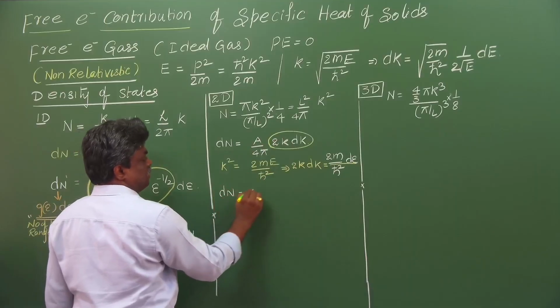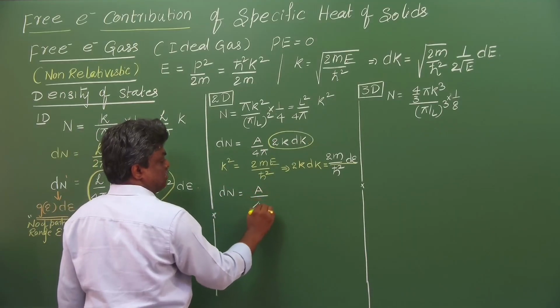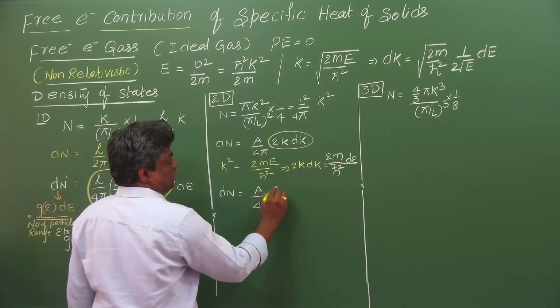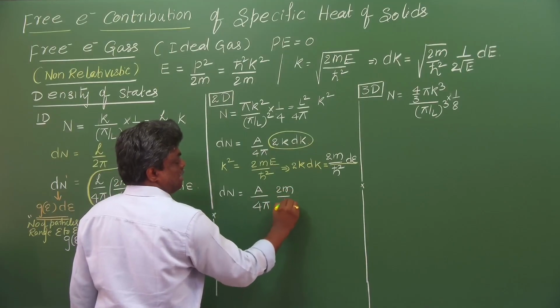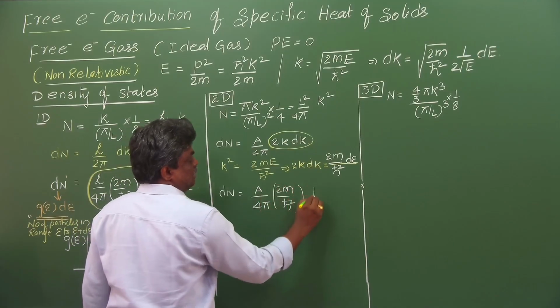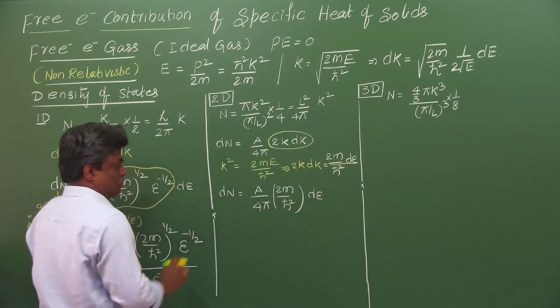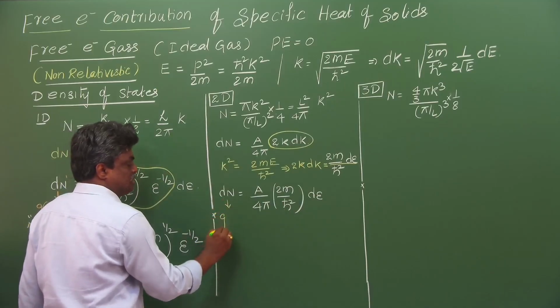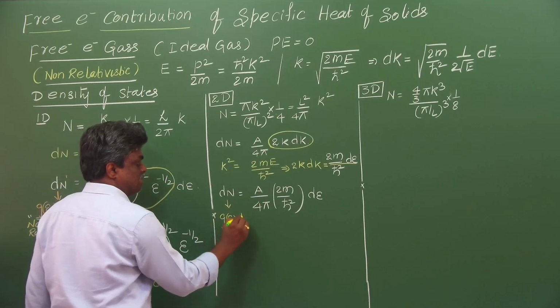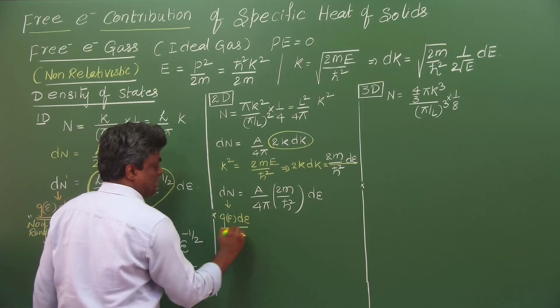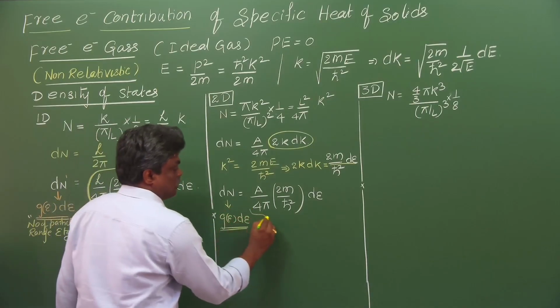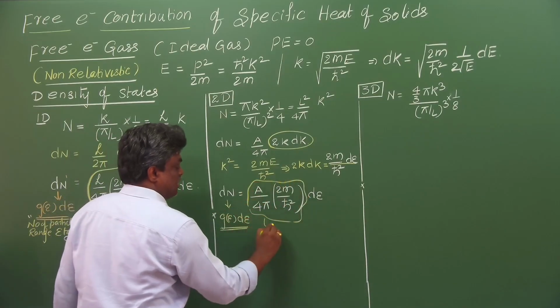dN equals area by 4 pi and 2k dk, 2m by h cross square into dE. So I told you already, this is the G of E dE. Don't forget this, G of E dE. So what is G of E?